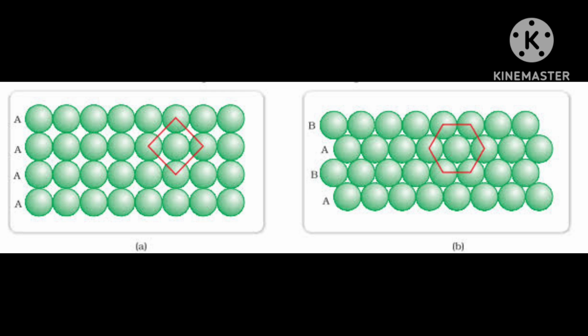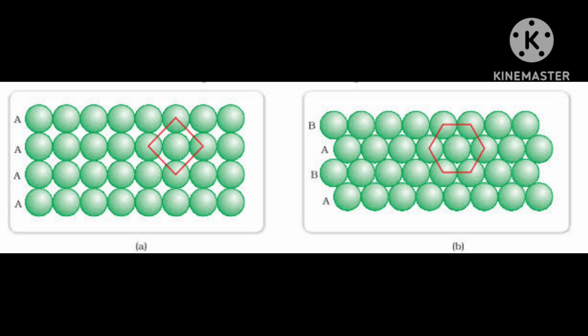Thus, the 2-dimensional coordination number is 4. Because in the middle of the square there was one sphere, and this sphere is in contact with 4 neighboring spheres. That's why its coordination number is 4. In 1 dimension it was 2.